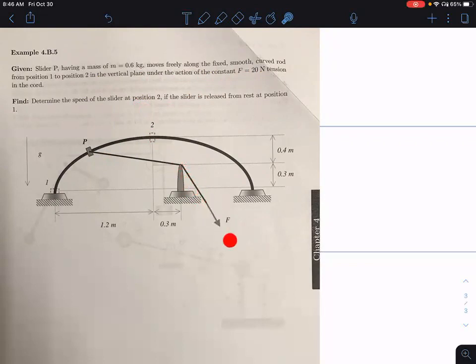Even though the force is pulling down here, the pulley changes direction. So the force acting on the particle P is along the cord, in the same direction as the cord. We want to determine the speed of the slider at position 2, which means the speed of particle P. Everything is released from rest at position 1.